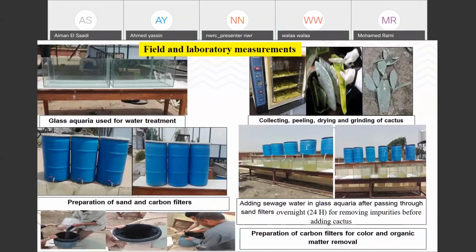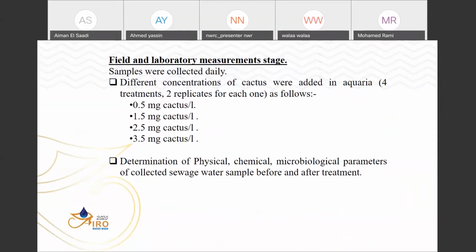We added the sewage water to the glass aquaria after passing through a sand filter overnight, about 24 hours, for removing impurities before adding the cactus. We used 4 concentrations of cactus, taken from a previous scientific reference, from 0.5 milligram cactus per liter to 3.5 milligram per liter.